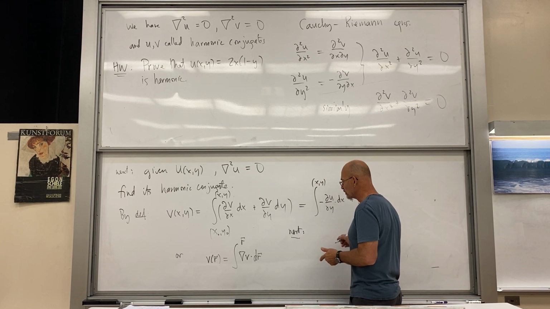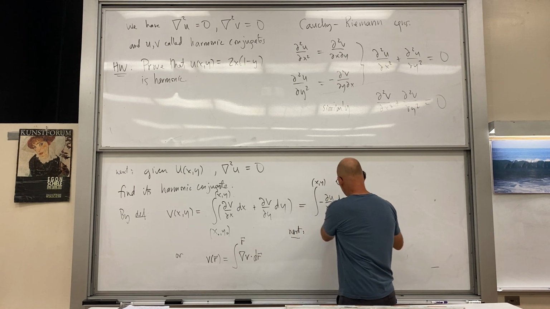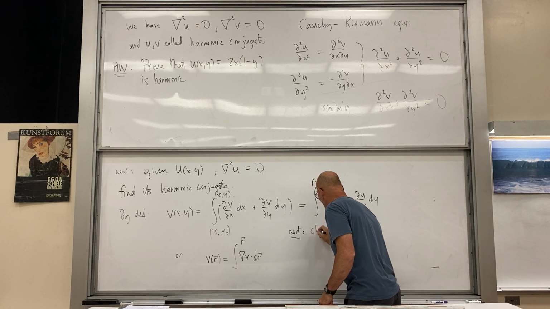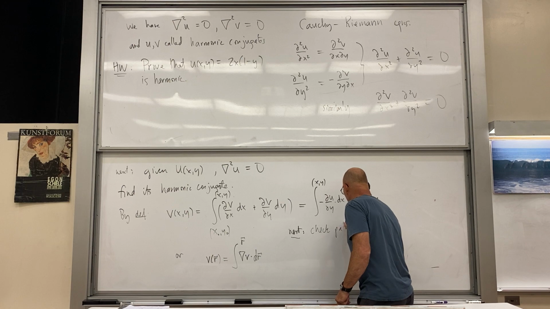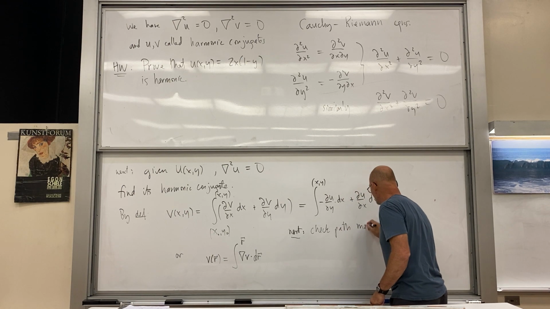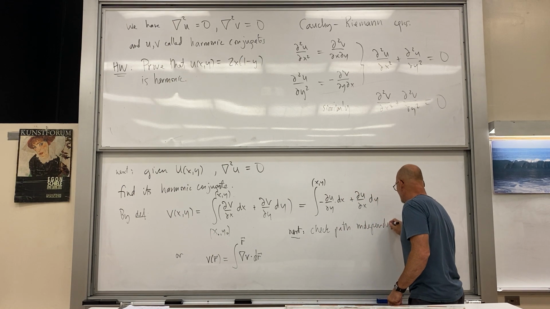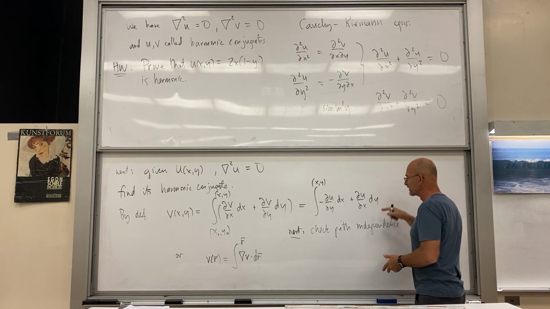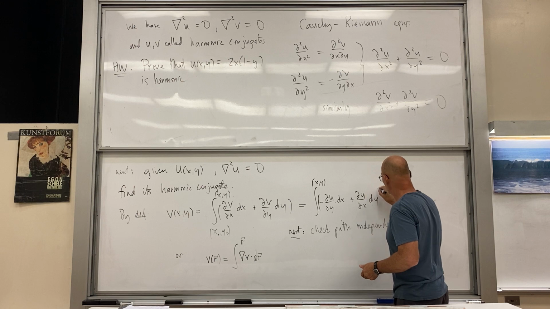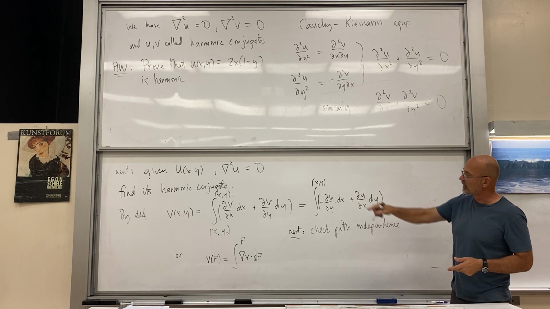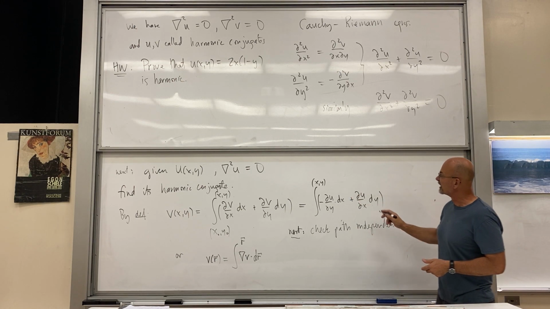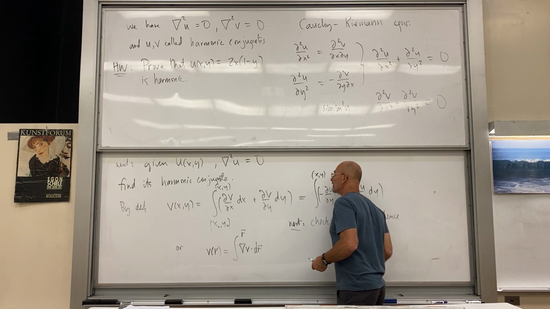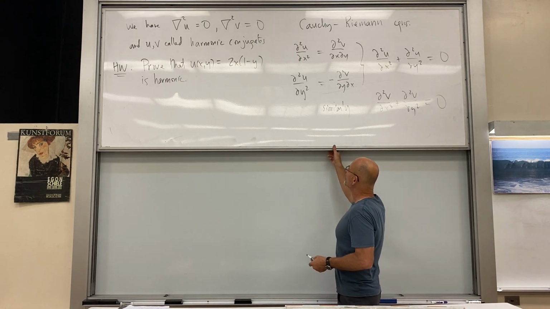Is this a legitimate gradient, so to speak? So next, check path independence. Yeah, but if it works out, then this will be our answer, how to integrate up to get that unknown harmonic conjugate function. So to check the path independence, we'll make use of Stokes' theorem.